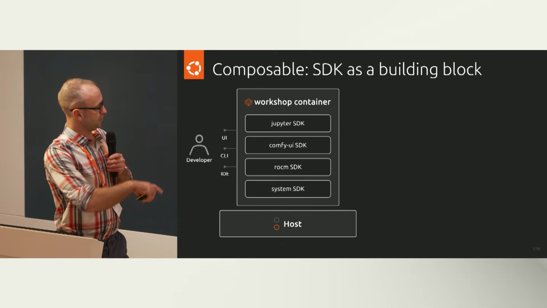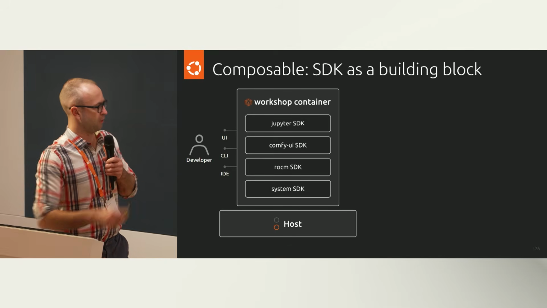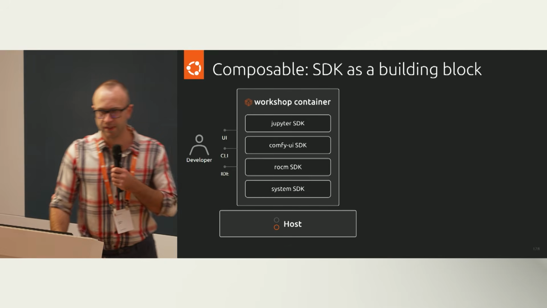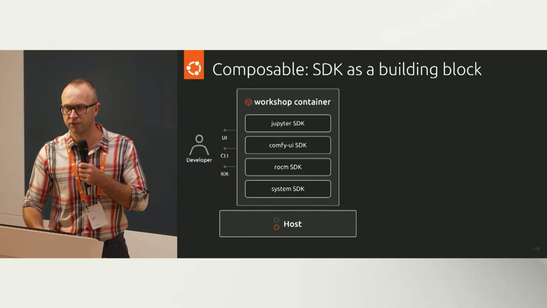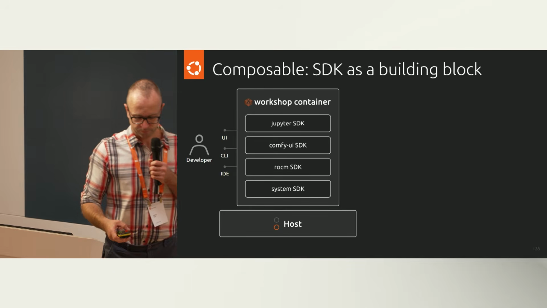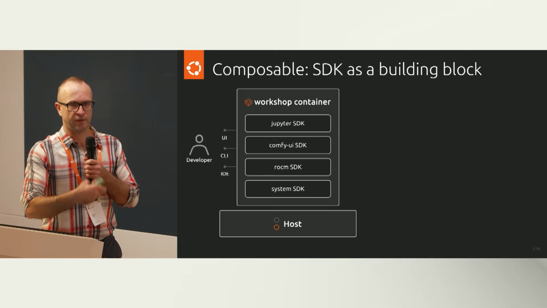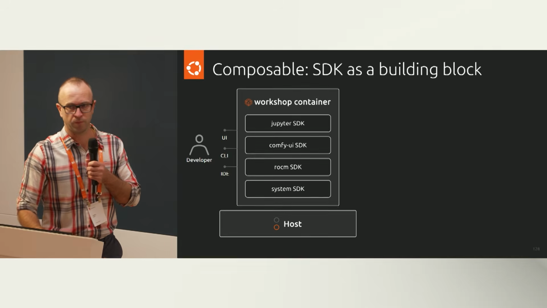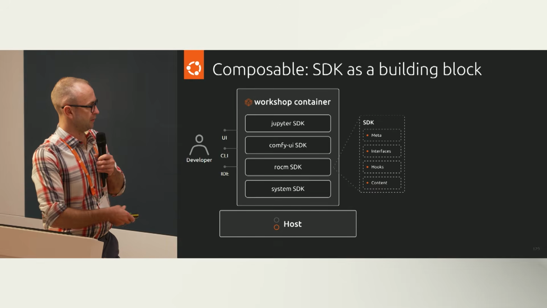In this case, you can see a Workshop container running with Jupyter, ComfyUI, and ROCm SDK. The system SDK is something we install in every Workshop container by default, and it's just responsible for interacting between the host and the container. By composing SDKs together, you can arrive at the Workshop definition that will describe your development environment in this container.